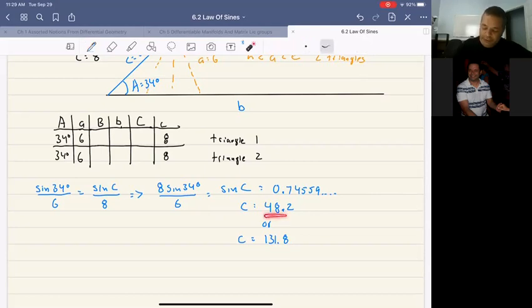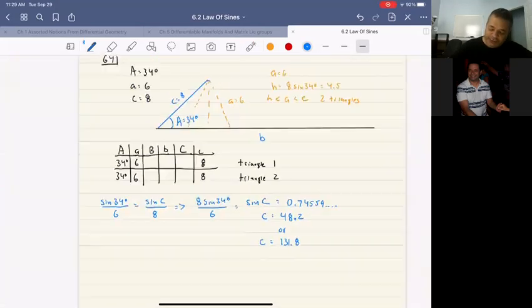Notice, both of these angles are still bigger than A, and both of these angles still build us a triangle, right? Because of the sums. 48.2 plus 34 is definitely less than 180. 131.8 plus 34 is still less than 180. So I have room for two triangles.